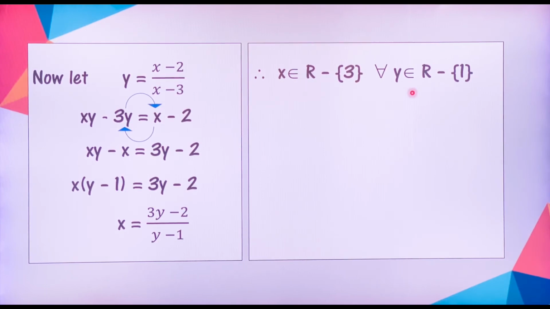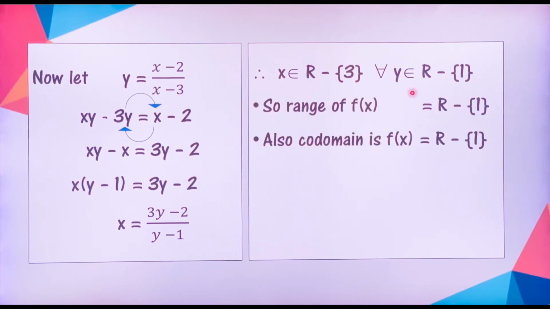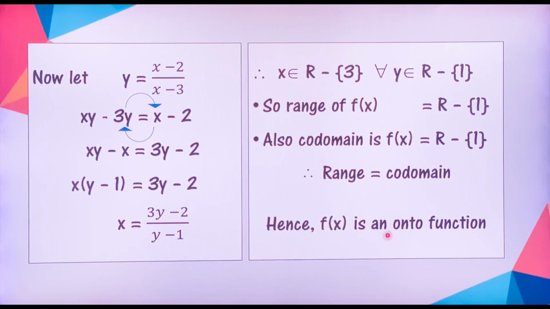Similarly, if we take y is equal to 1, we get x is equal to (3y minus 2) by 0, which is also infinity. So, range of f(x) is equal to R minus {1}. And also, codomain of f(x) is equal to R minus {1}. Therefore, range is equal to codomain. Hence, f(x) is an onto function.